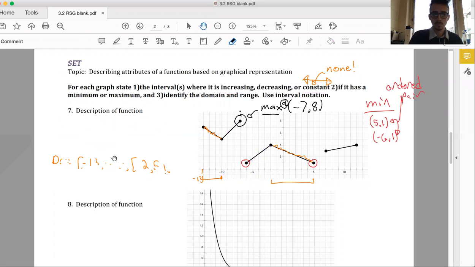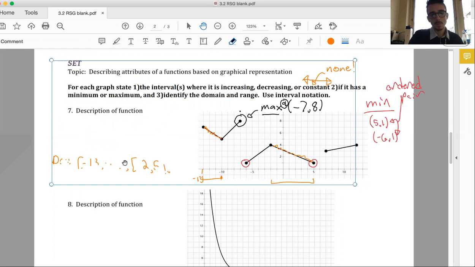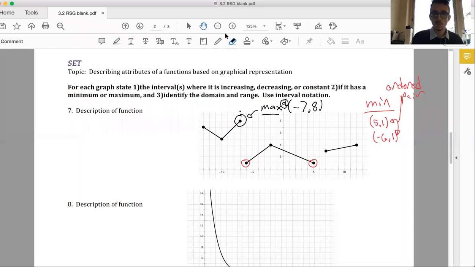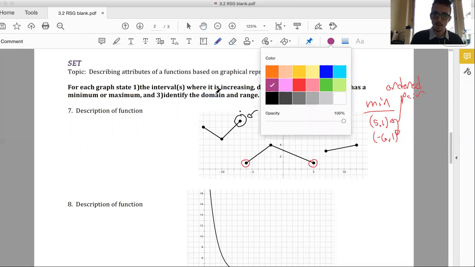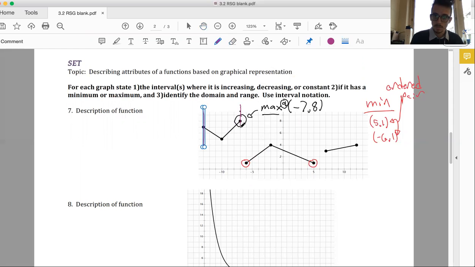I think it's tough, but I don't think it's too tough. You just really have to look closely at what x values you're using. So I know that we have our function going from here to here as far as the x values go, and this would be from -13 to -7.